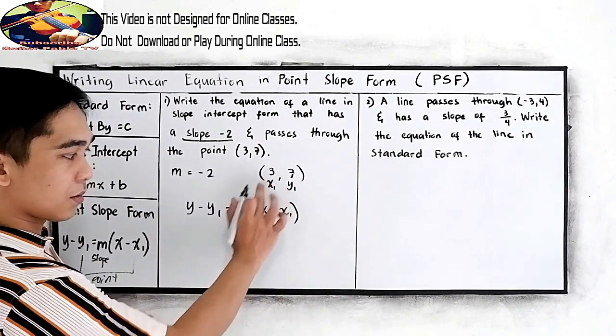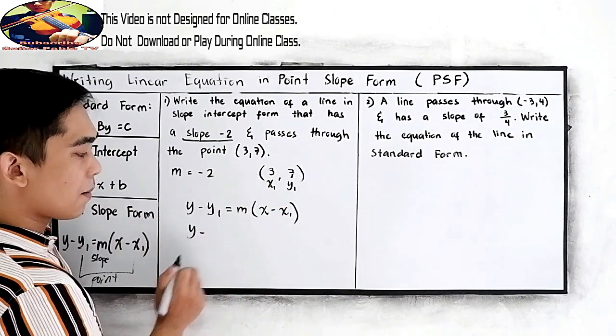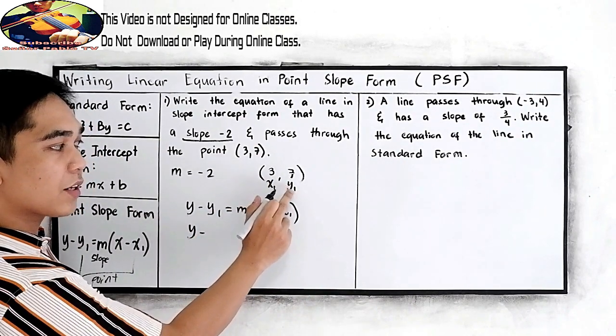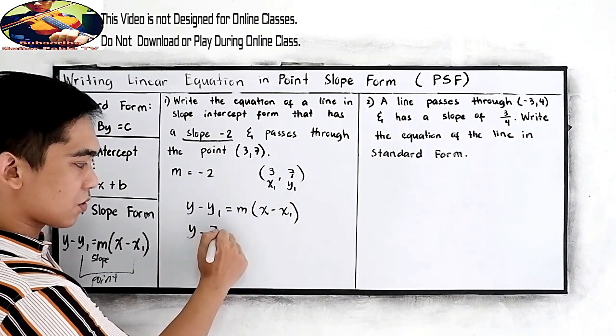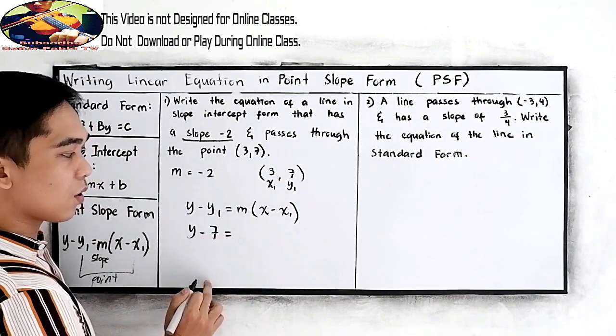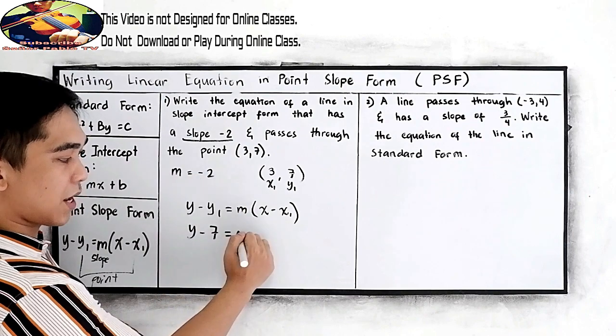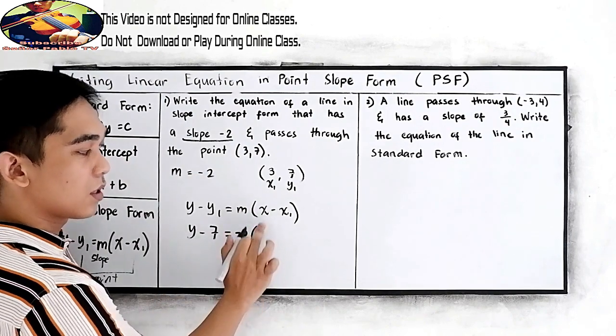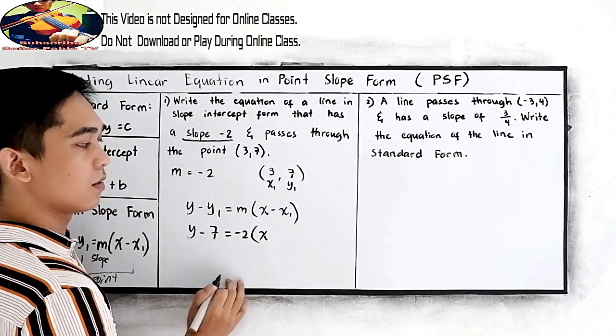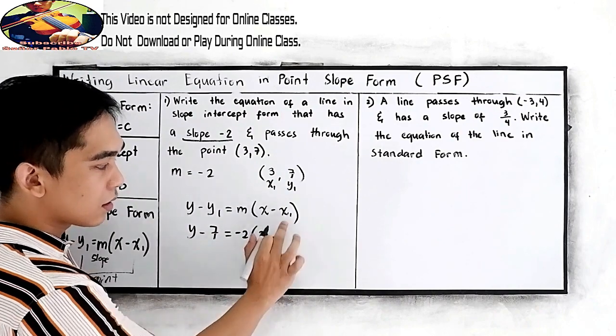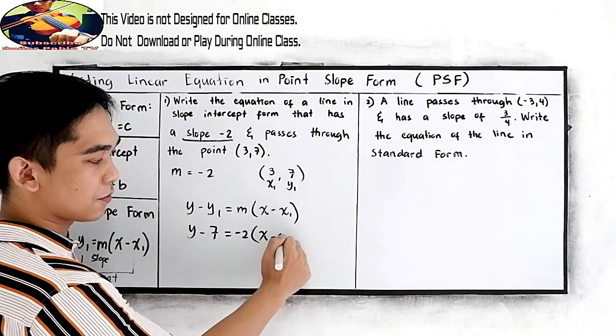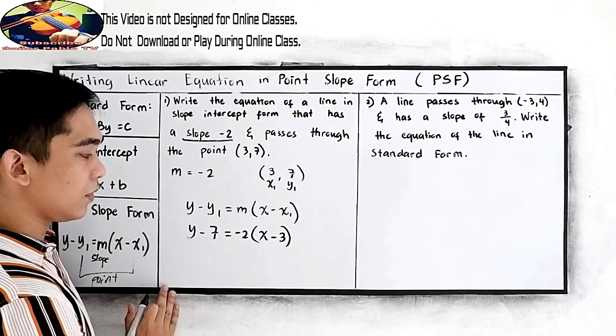Now substitute. So y minus our y sub 1 is 7. So 7 is equal to m is -2, x, just copy, minus x sub 1 is +3. Okay.